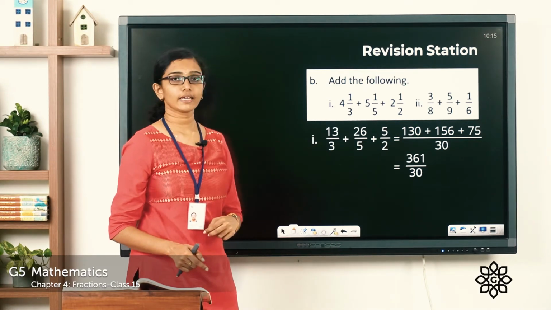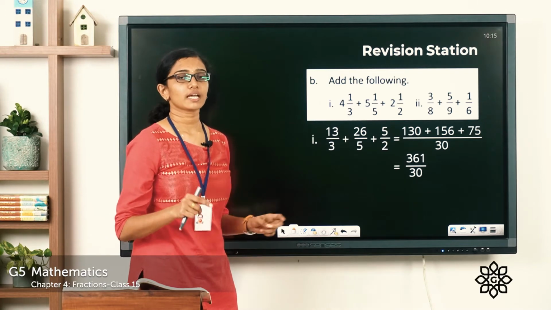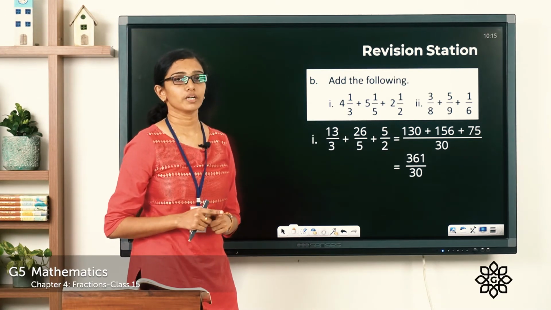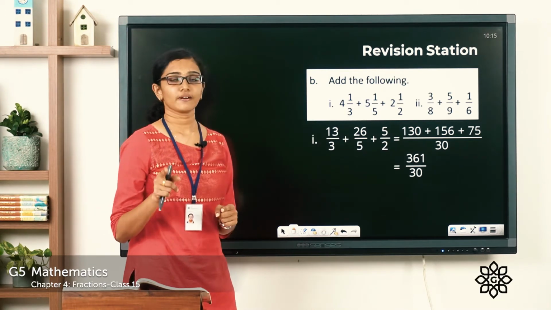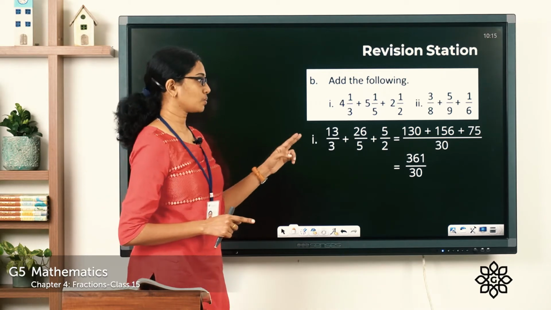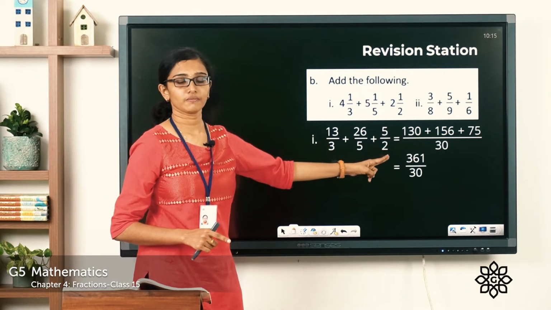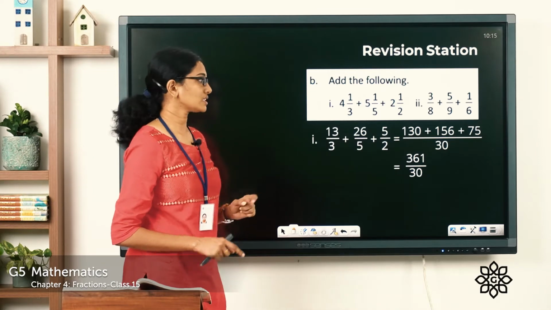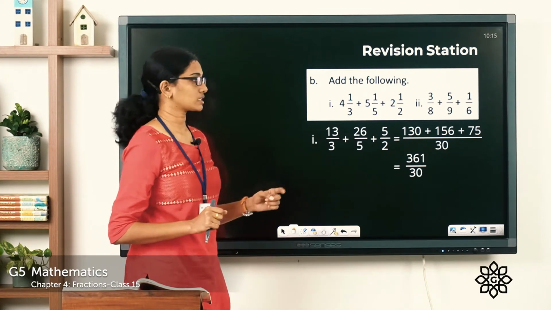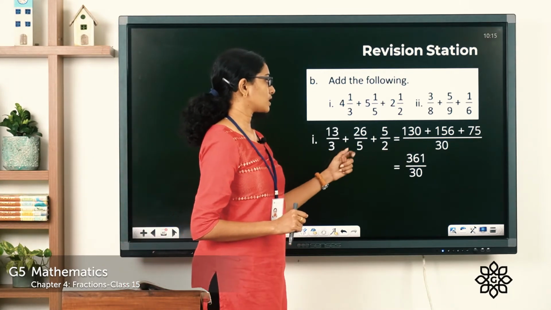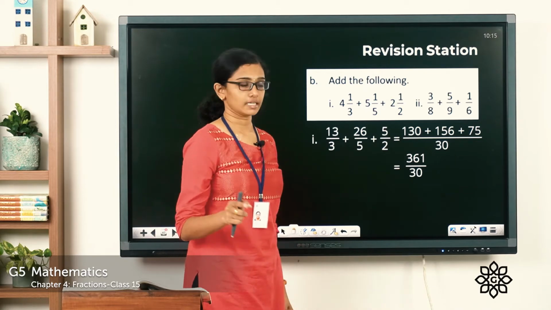Now how would you add them? First you have to change the denominator to a common denominator. How would you do that? You have to find out the LCM so that we can convert these improper fractions into like fractions and just add the numerators. So the LCM of 3, 5 and 2 is equal to 30.